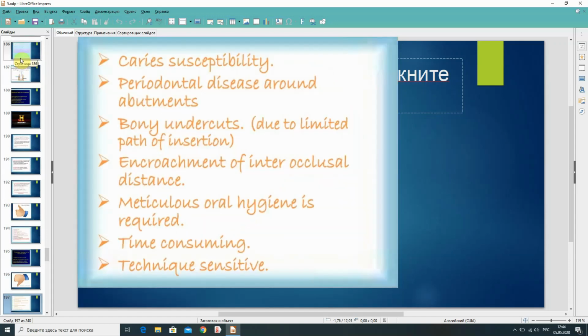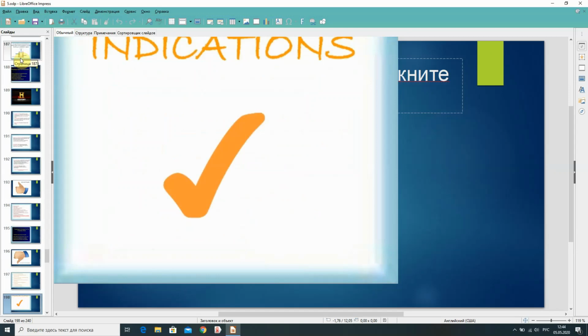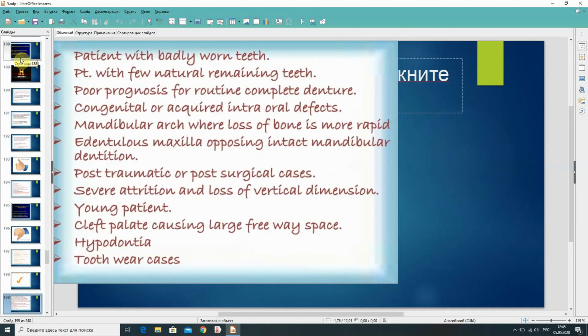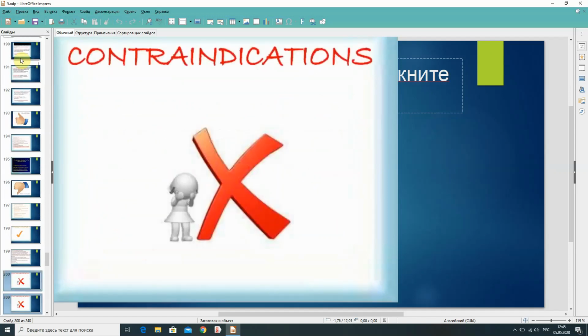Disadvantages. Indications. Contraindications.